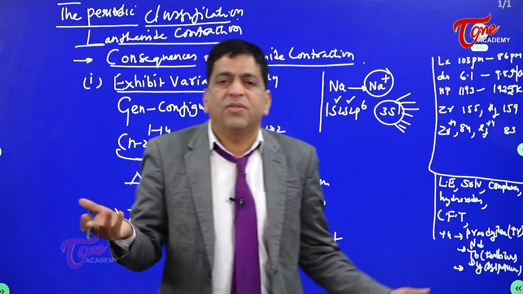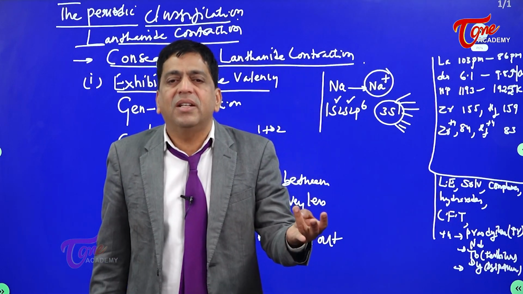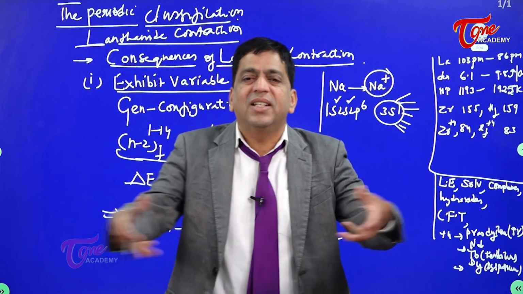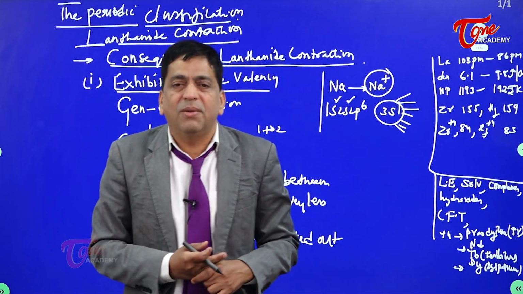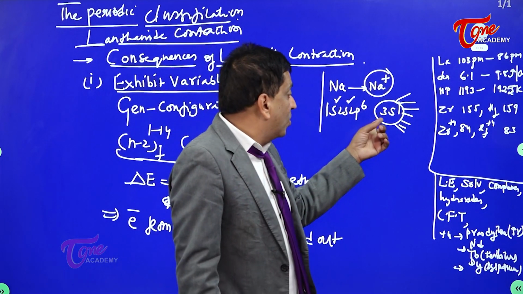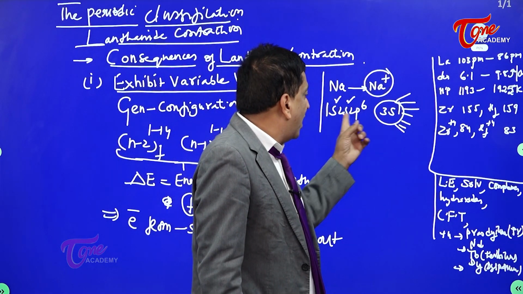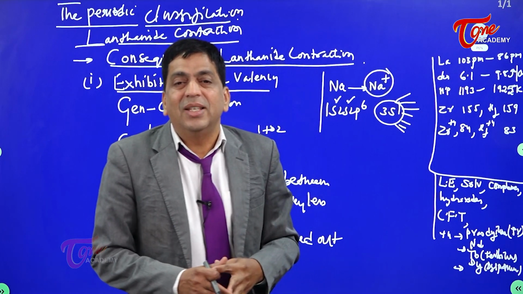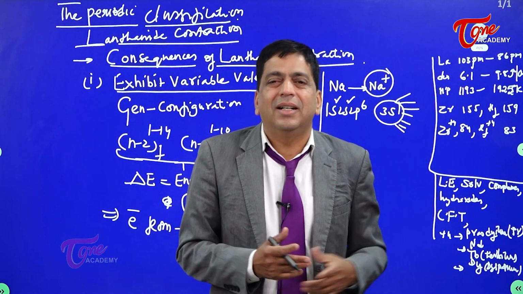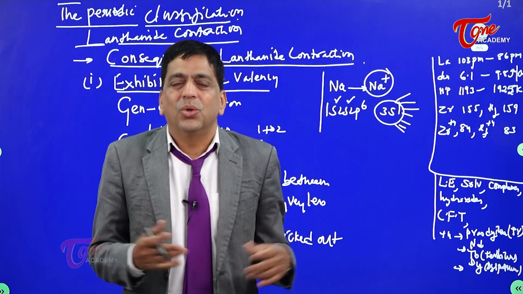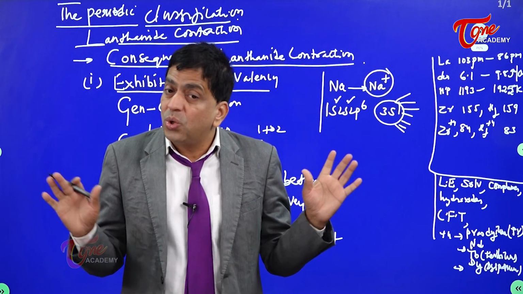You can remove electrons from penultimate, ultimate and anti-penultimate because the subshell energy difference between them is very less. That's not the case here, because the energy difference between the 3s and the second subshell is very high. So removal of electron from the second is very high, so you can't do it. So alkali metals don't show variable valency.